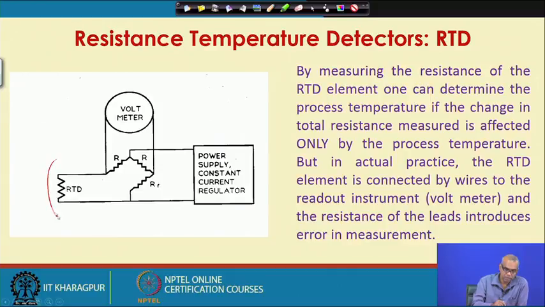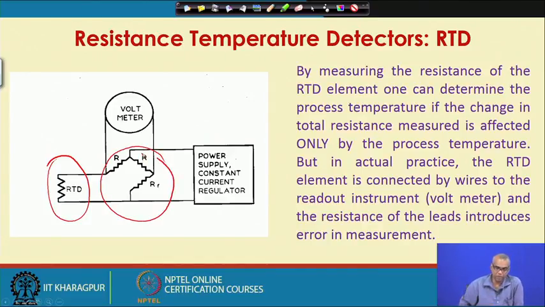So, this is my RTD, which is basically one arm of this Wheatstone bridge, and this is the voltmeter.